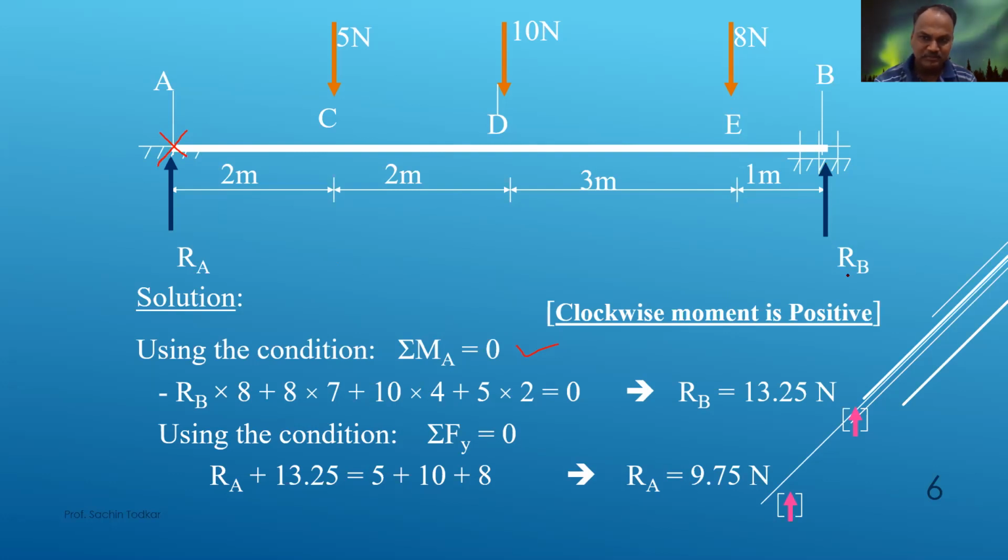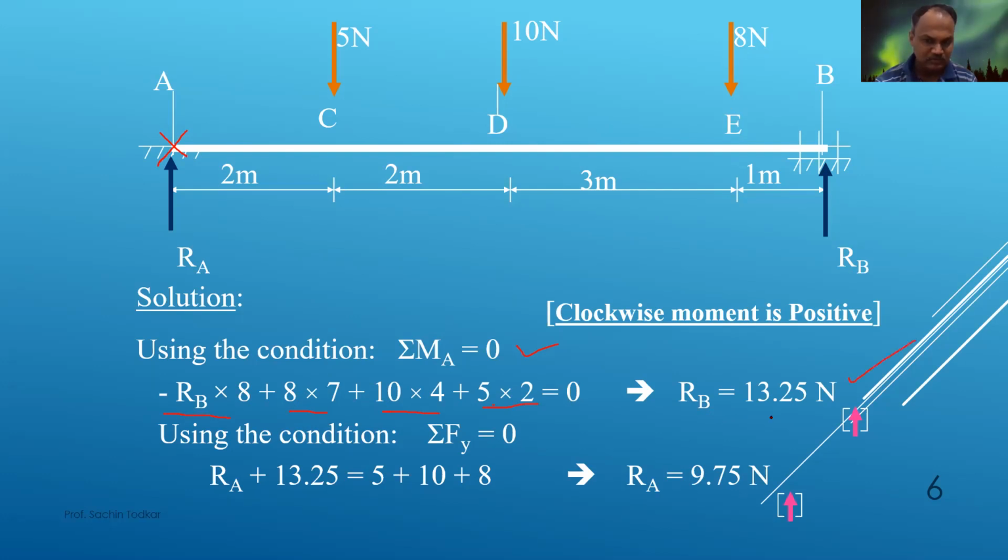So it is minus RB into 8 plus 8 multiplied by the distance of 7 plus 10 multiplied by distance of 4 and 5 multiplied by distance of 2. And if I solve this numerical, I'll get the value of RB equal to 13.25 Newton.